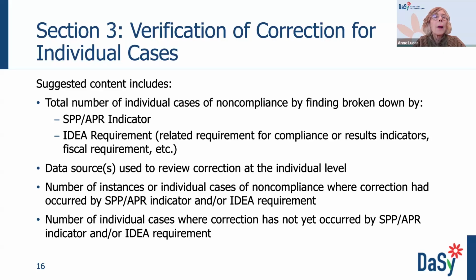And then include the data source that you used to review the correction at the individual level, and the number of instances or cases of noncompliance where correction had occurred, and then the number of cases where correction has not yet occurred for each. So break those down again as well.